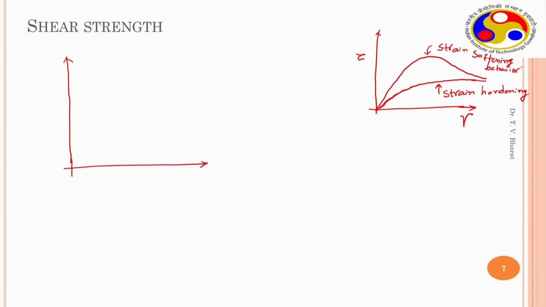So, now what kind of results do you get? This is a normal direct shear for saturated soils. And this is for unsaturated soils.